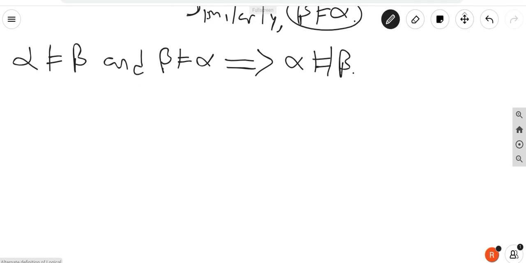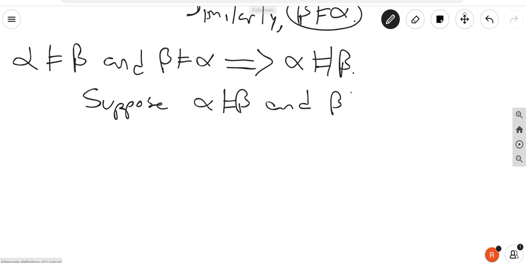Okay, so we do the same kind of structure that we did before. Suppose that alpha semantically entails beta, and beta semantically entails alpha. That means that in the truth table, everywhere that alpha is true, beta is also true, and everywhere in the truth table that beta is true, alpha is also true.